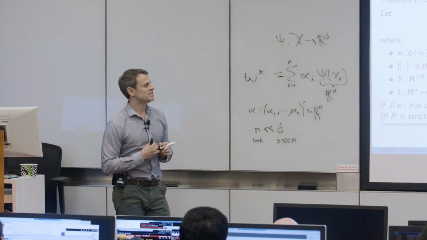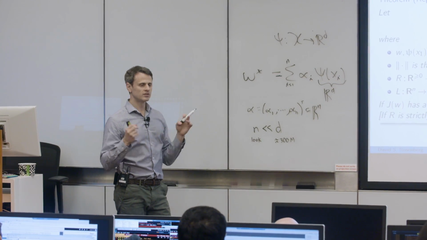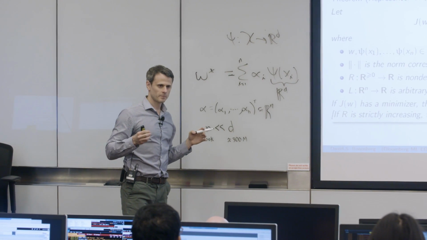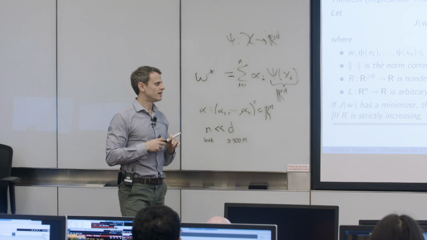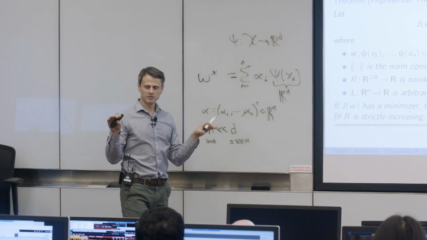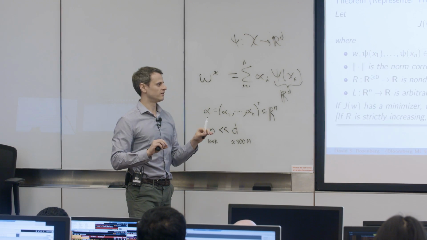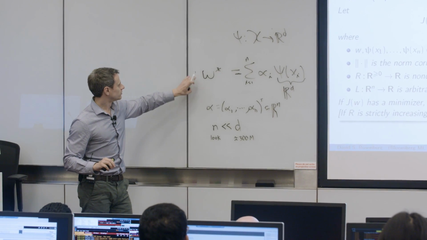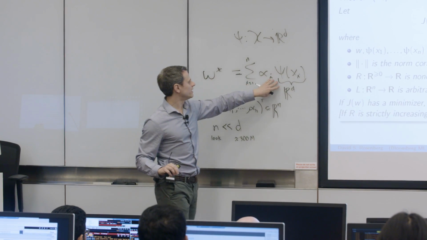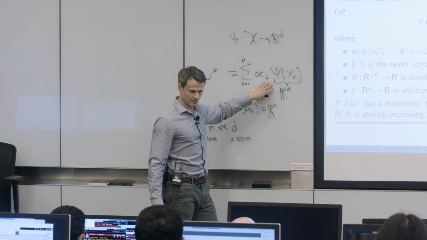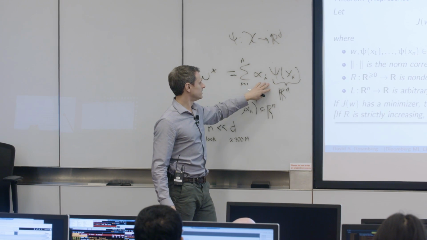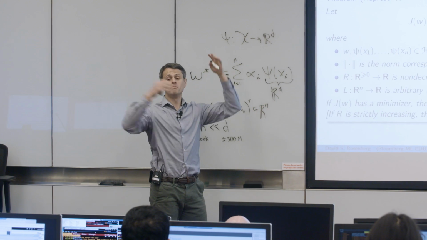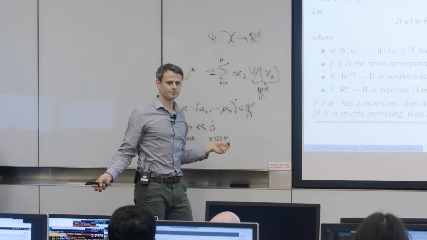It tells us that even though W star lives in this huge feature space R^D, it actually lives in a relatively small dimensional subspace of that feature space. W lives in the span of only n vectors. So W lives in this 100,000 dimensional subspace of this 300 million dimensional space.